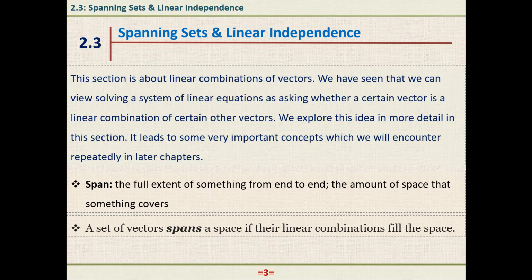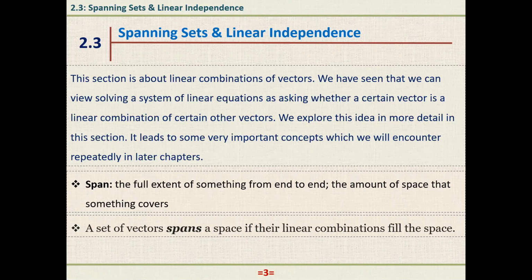They are just linear combinations of certain vectors. When we ask whether a system has a solution or not, that means: can the constant vector be written as a linear combination of the column vectors of the coefficient matrix?